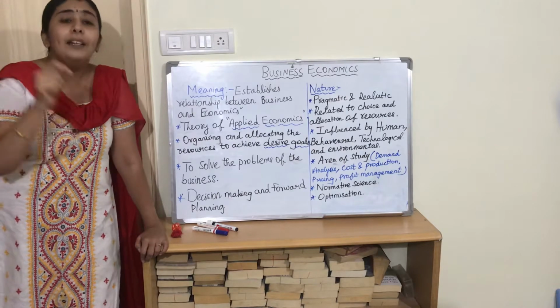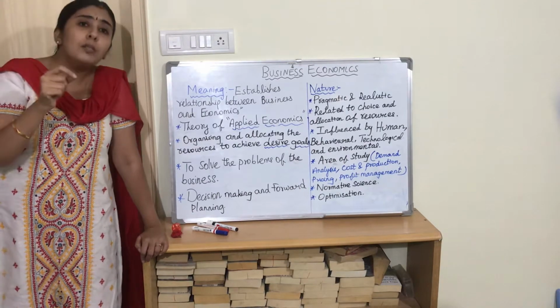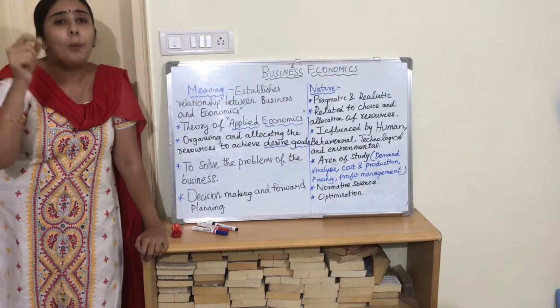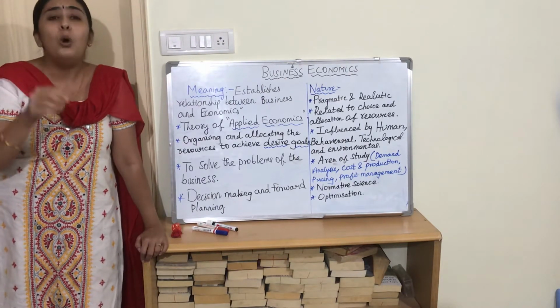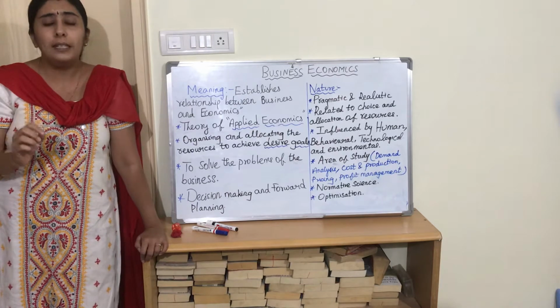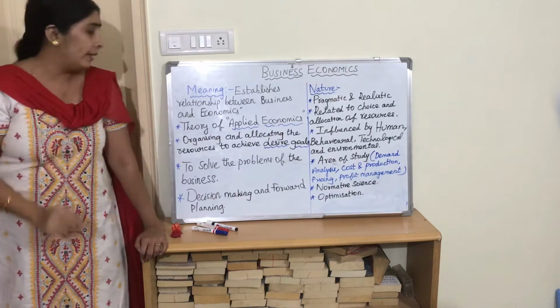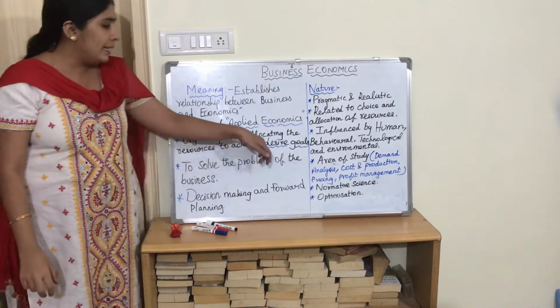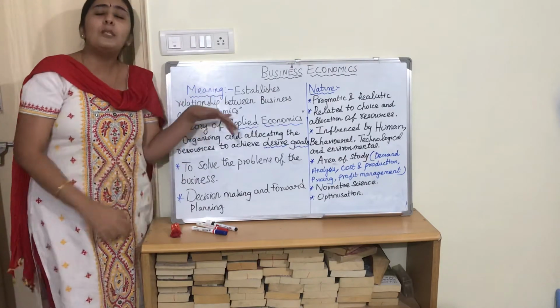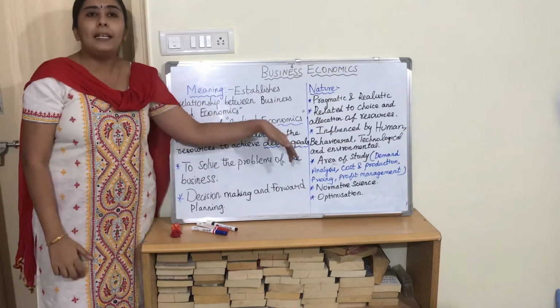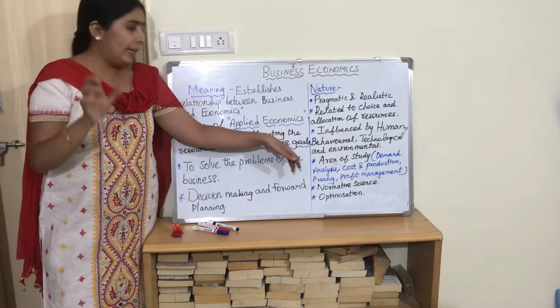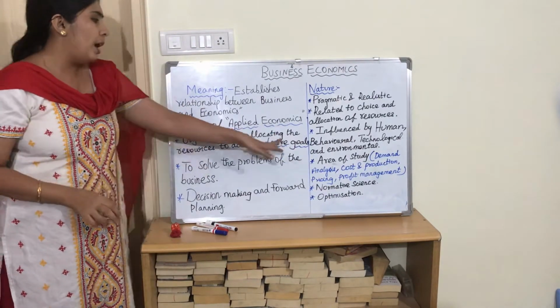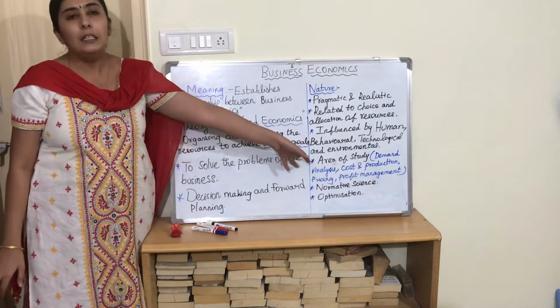We have to organize the resources, and the resources must be utilized in a very optimum way. So business economics helps us to optimize the resources, that is, to use the resources efficiently. So that comes under organizing and allocating. Organizing means properly channelizing, allocating means what is desired, that alone should be allocated. So that becomes part of achieving the desired goals.